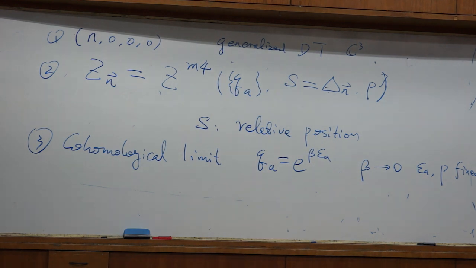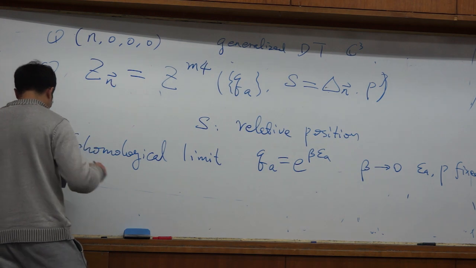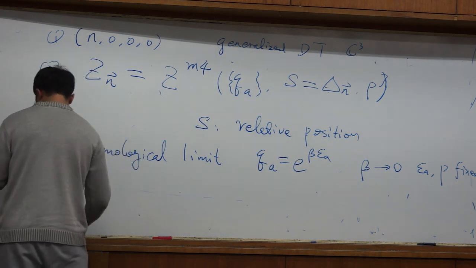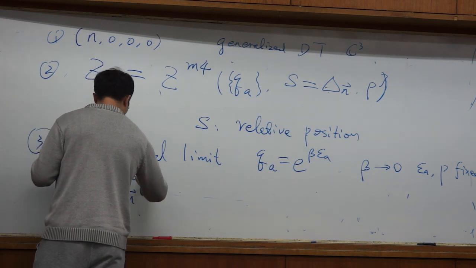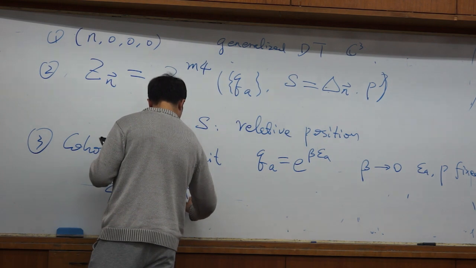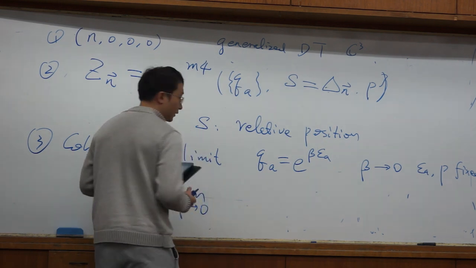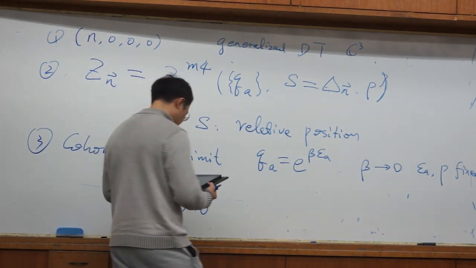Okay. So in the end, the cohomology limit, in the physics sense, is compactified further on the circle.